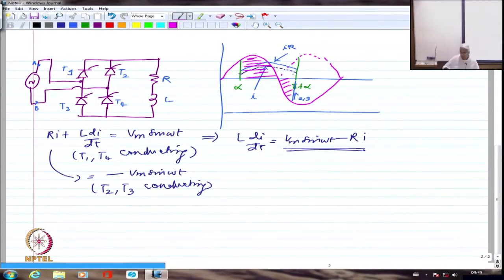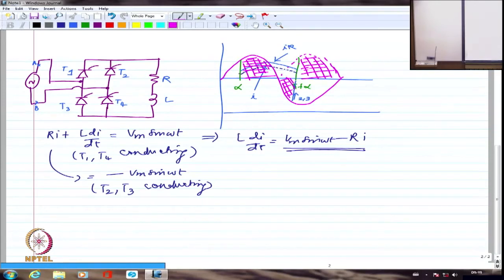And then I have this portion again coming up. Get my point? So I have this shaded portion as the DC voltage, or the load voltage, that comes up when I am having continuous conduction.